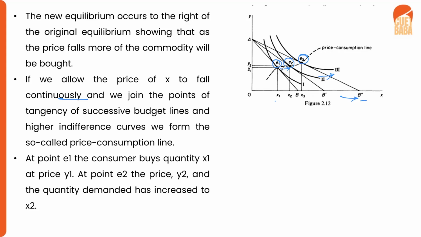So at point E1, the consumer buys X1 at price Y1, and at E2 we can see he buys X2 and Y2. So the quantity demanded has also increased.